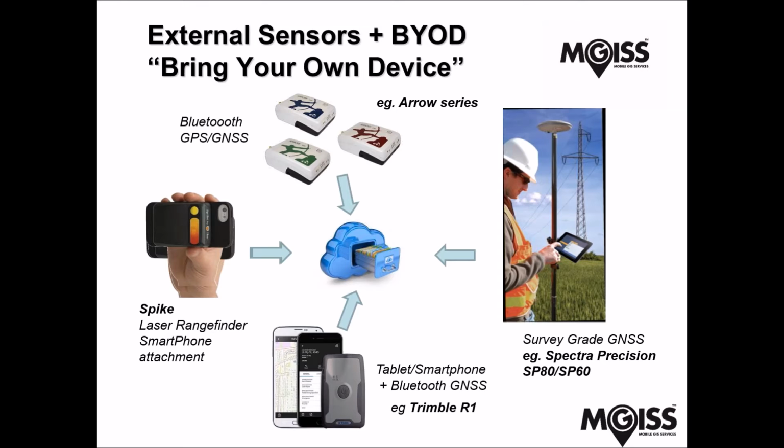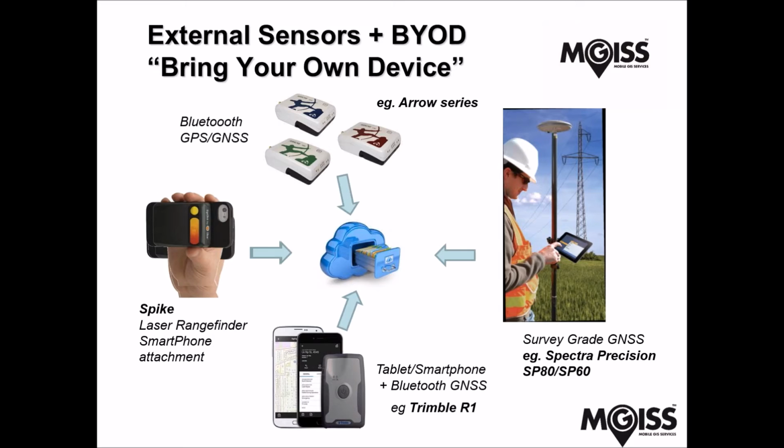Also, you've got the Trimble R1, which is a single pocket-sized receiver and antenna combination, Bluetooth enabled, link to any type of device, and deliver scalable corrections, either real-time, sub-meter down to centimeter level, into a mobile GIS workflow. There are some considerations as regards software, but if this is the type of system that you're interested in, certainly we can have a discussion around what's most suitable for the application.